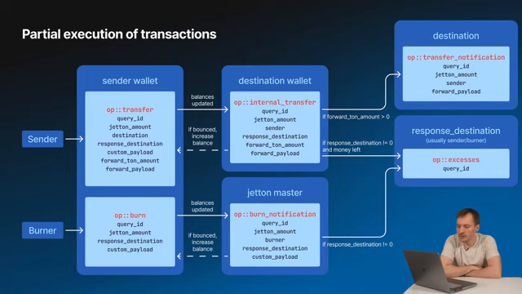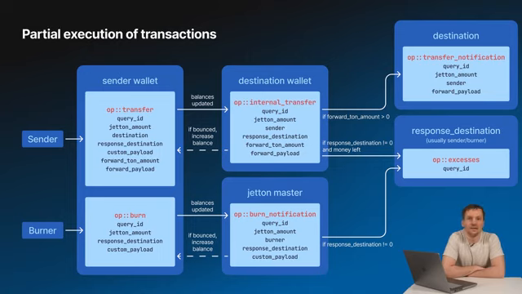Destination wallet increases its token balance. Destination wallet sends transfer notification to its owner. And destination wallet returns excess gas with excesses message on response destination. Actually, that is usually a sender.